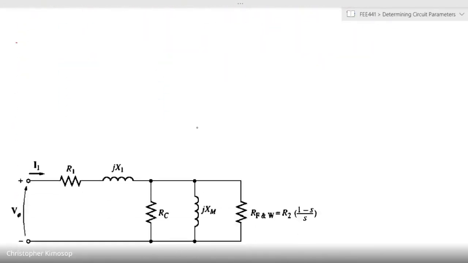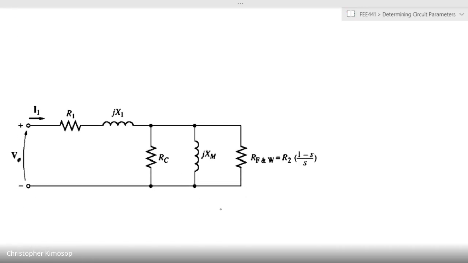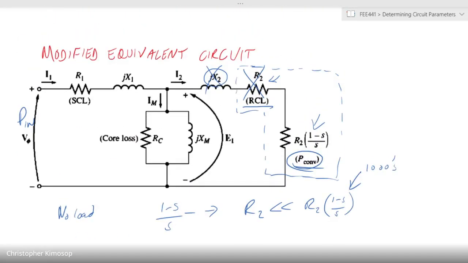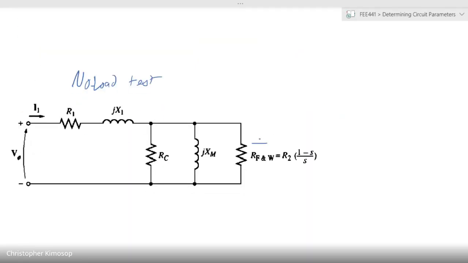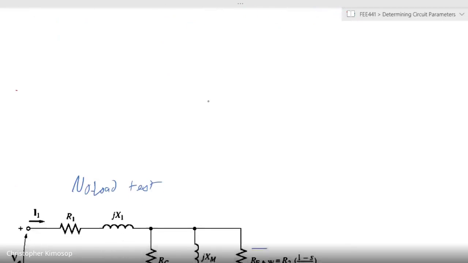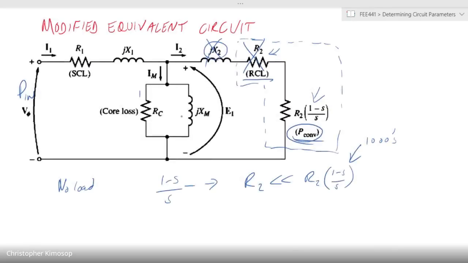When you remove those two, you're left with this final circuit for the no load test. Remember, we've removed X2 and we've removed R2, and you're left with this element. Similarly, we have these arms that are here, which are represented there. It's just a slight redrawing of what we have discussed.